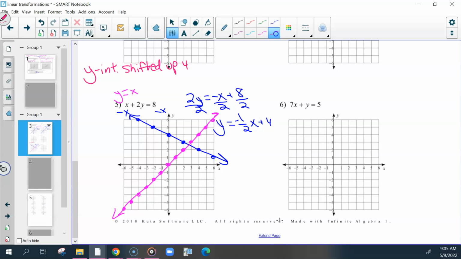And what about the slope? We are going to talk about the negative in a second, but if we're just focusing on the 1/2, how would we describe our slope? It's less steep. Now, because this slope is negative, we can say the line was reflected.